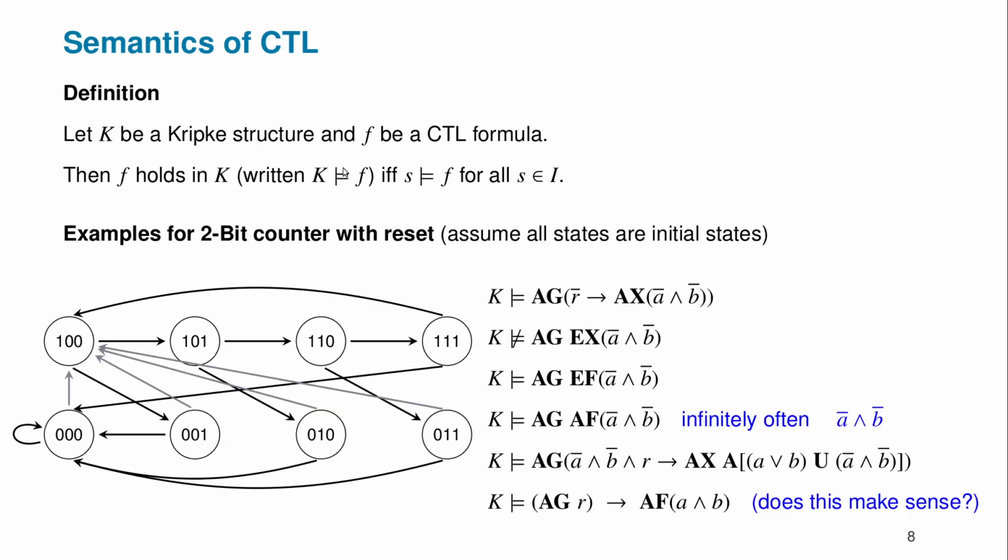And here I come back to our example. This is the 2-bit counter with the reset, where we have 3 bits. The first bit is the reset bit, and then we have 2 bits that represent the states of the flip-flops.